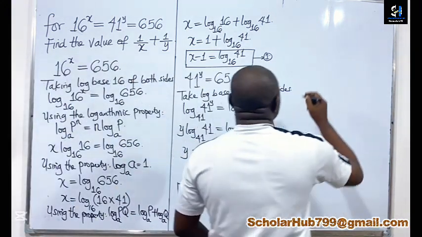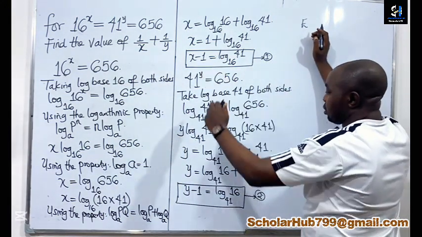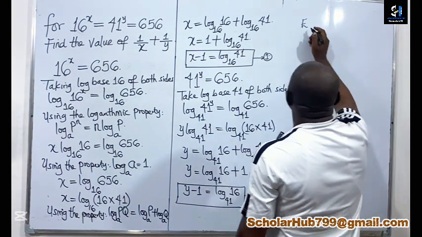Now, I'm going to multiply equation 1 by equation 2.